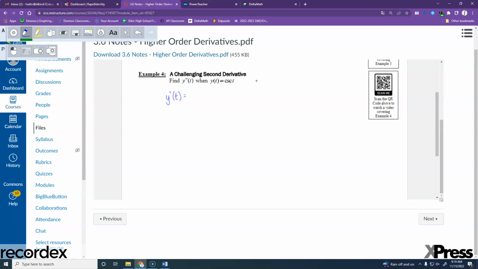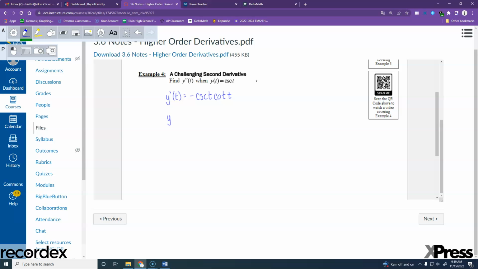And what is our derivative of cosecant of t? That one's one I bet we don't have memorized very well. I think it's negative cosecant t cotangent t. All right, not so bad on first derivative.